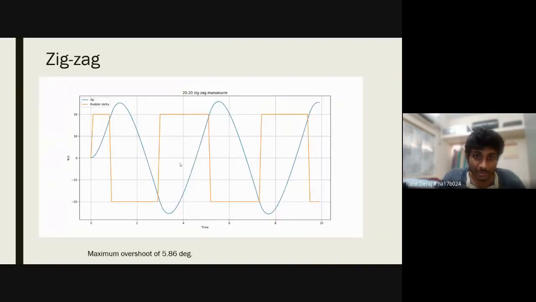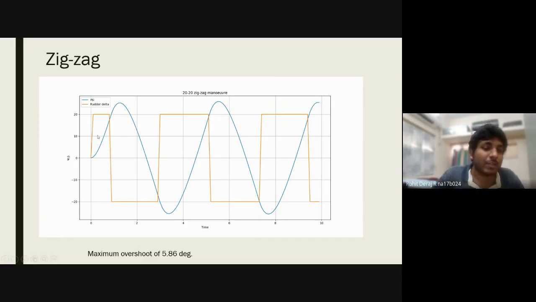This is a plot of the zigzag maneuver. This is a 20-20 zigzag maneuver. Basically, when the ship's heading angle comes to 20 degrees, the direction of the rudder is changed to -20, and vice versa. One of the main characteristics you want to see here is the angle of overshoot.